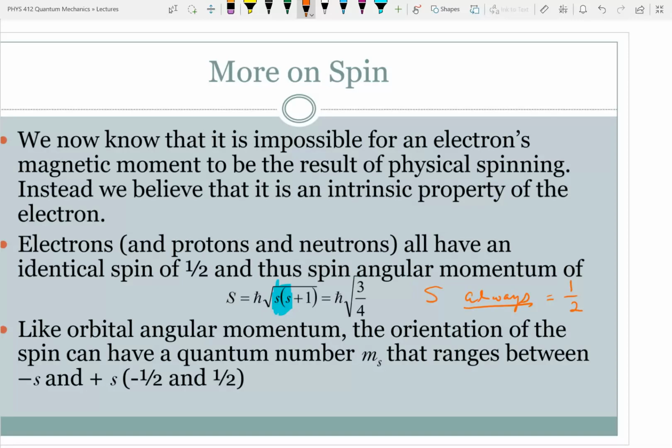And so because they always have a spin of 1/2, we start to get lazy, which confuses the issue. We say it's a spin up or spin down, or spin 1/2 or spin minus 1/2. That's not the spin. That's the orientation of the spin. That's the M sub S. And so we start to get sloppy in the language because nobody ever talks about this quantum number because it's always the same.